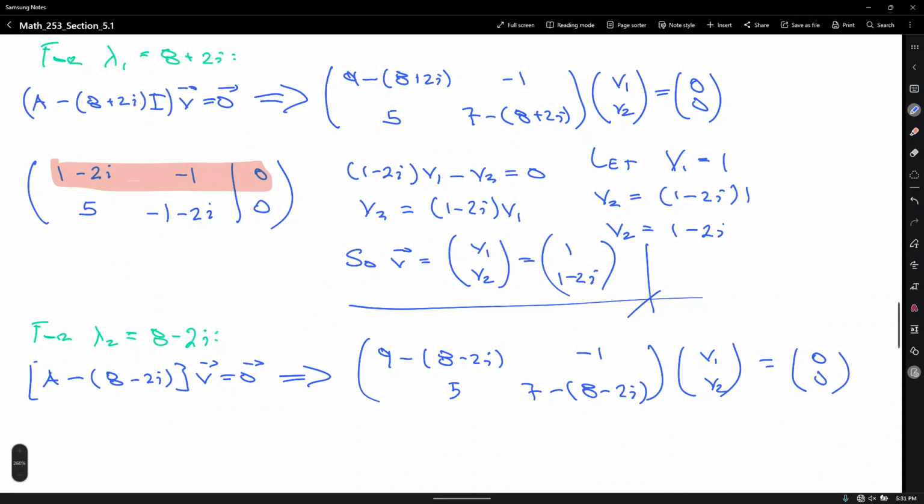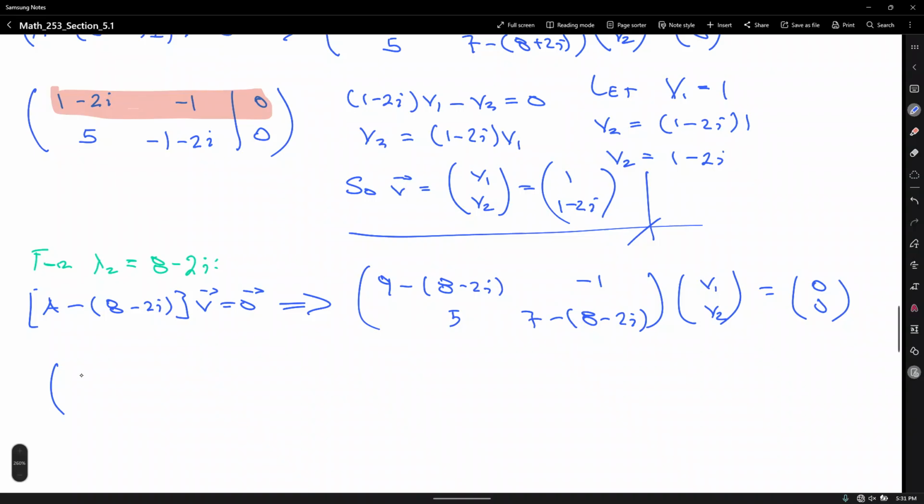Basic arithmetic. 9 minus 8 is 1. Yep, that's 1 minus minus, careful, plus 2i. 7 minus 8, negative 1. Minus minus, that's a plus 2i. The other two elements just remain the same, negative 1 and 5.